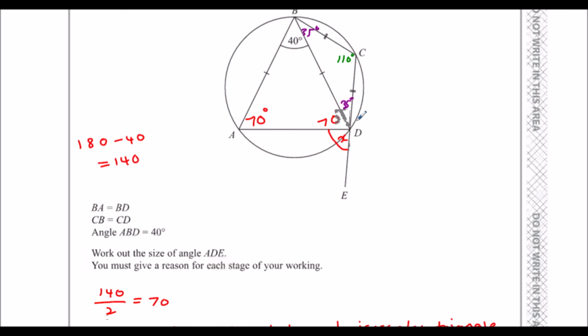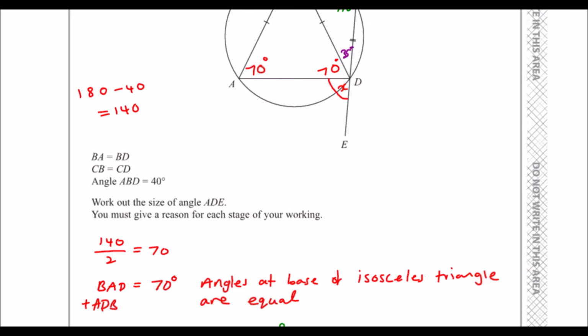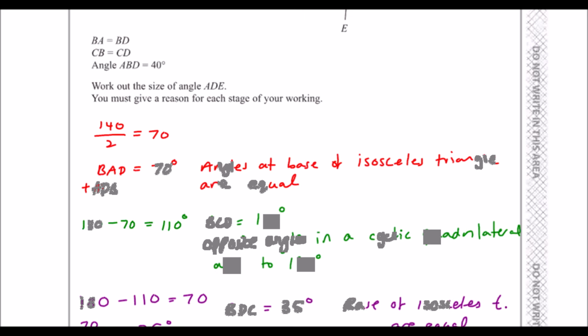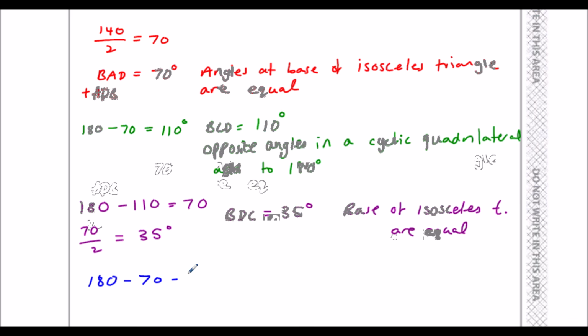And now we've got a straight line. We know two of the angles on it. We've got a missing angle. The angles on a straight line add up to 180 degrees. So we've got 180 minus 70 and minus 35. So taking away 105 leaves us with 75 degrees.